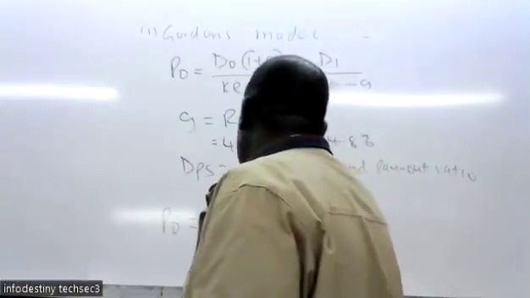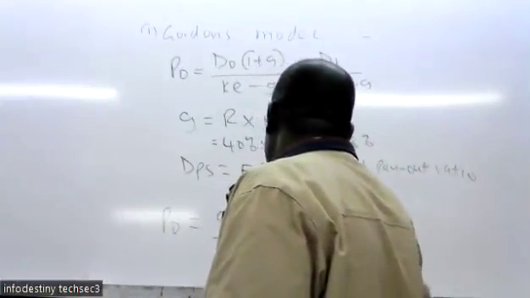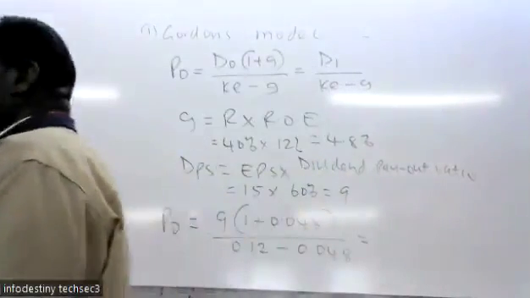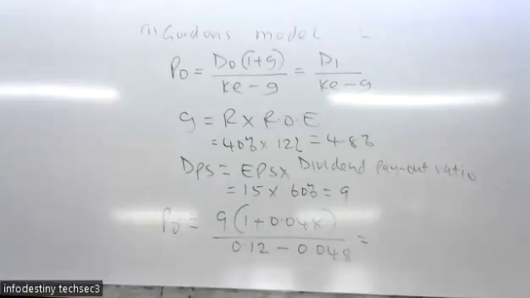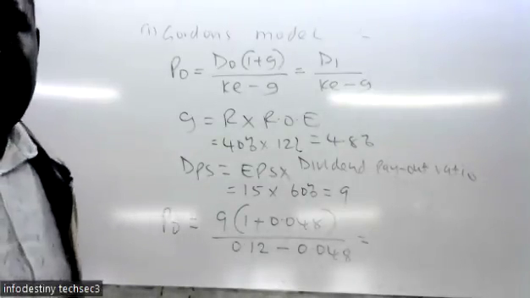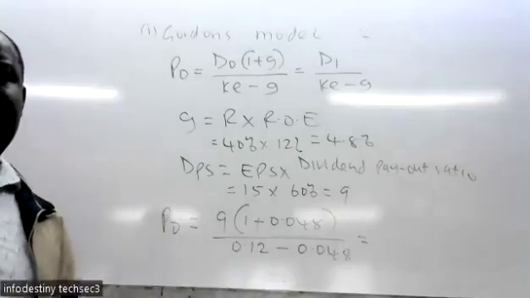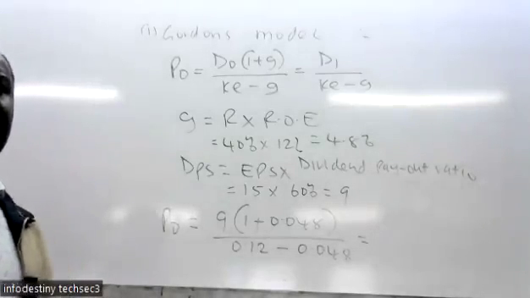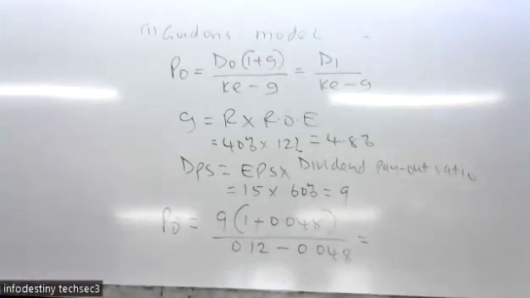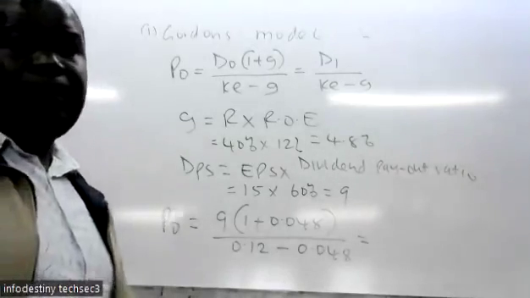Then you minus 0.048. That should give you the value of the share when you apply Gordon's valuation model.